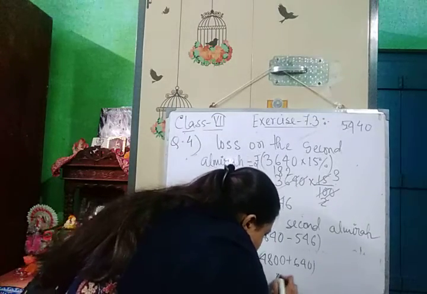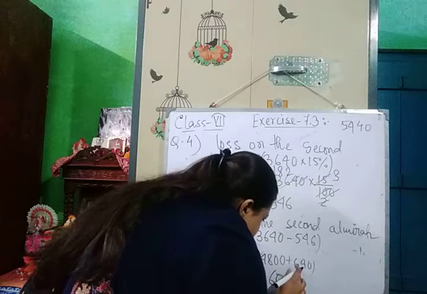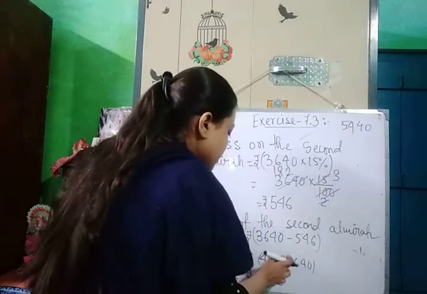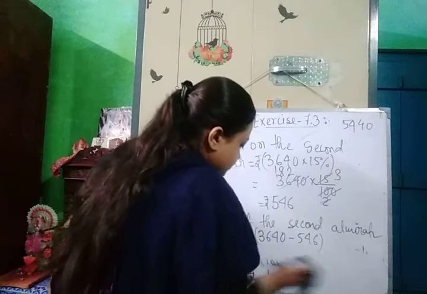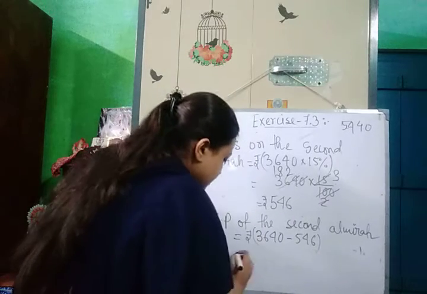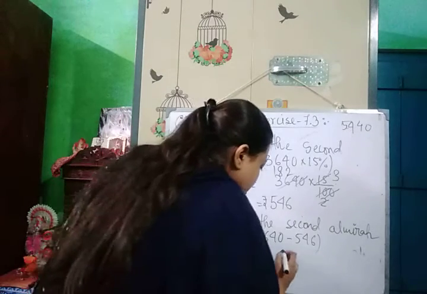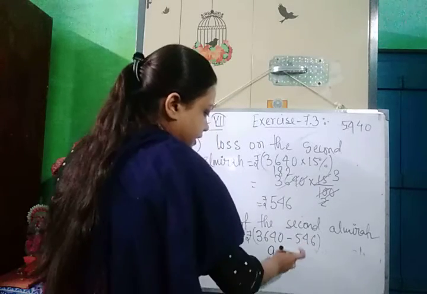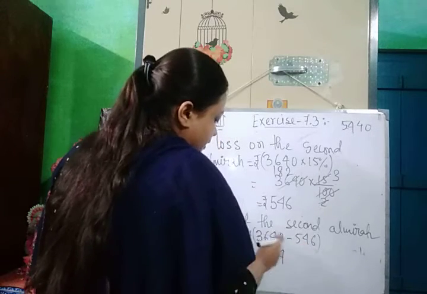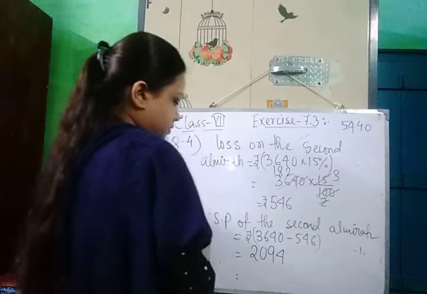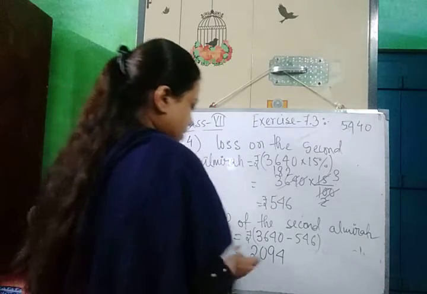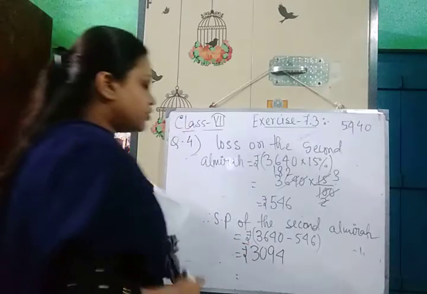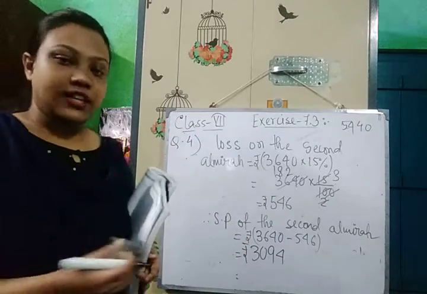So 0, 6, 1 in hand, 6 plus 1, 7, 1. Sorry, this was the last line. 4, 1 in hand, 4 plus 1, 5, 14 minus 5, 9, 1 in hand, 0, and then it will be 3. So rupees 3,094 is the selling price of the second Almirah.